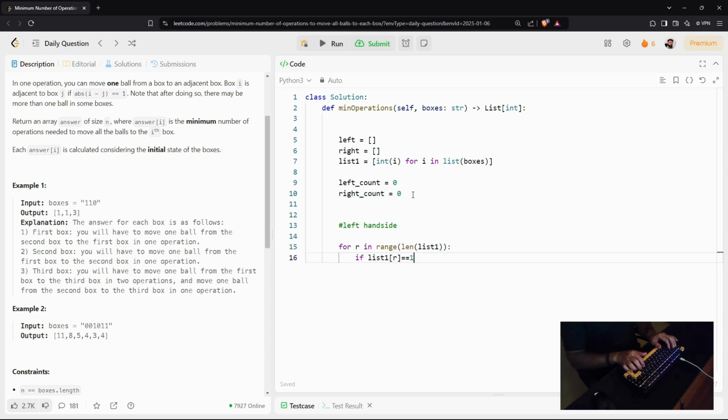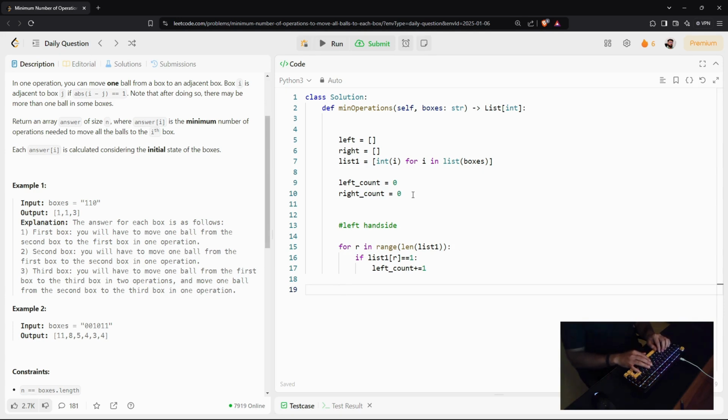If list1[r] is equal to 1, right, in that case the left count gets increased by 1. Now we have the count. Now we need to find the other values. So we start by iterating list1 again, and we'll update the count then and there.